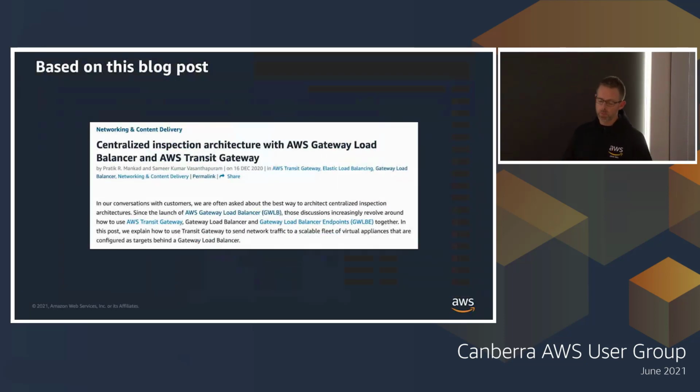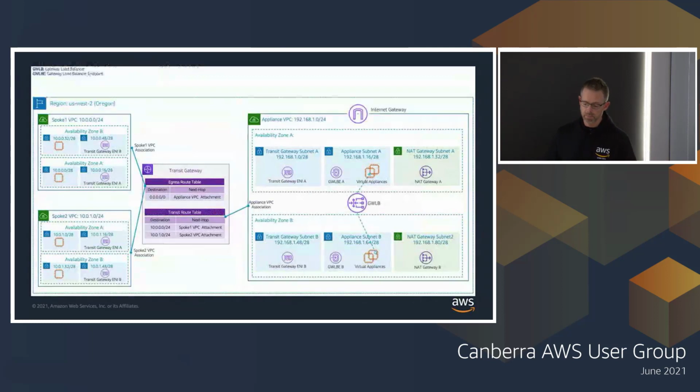So the next model that we're covering is the centralized model. So using Transit Gateway as your cloud router in the middle of your environment and inspecting in another VPC using Gateway Load Balancer. Again, you can search the internet for AWS Gateway Load Balancer blog, and you should find it.